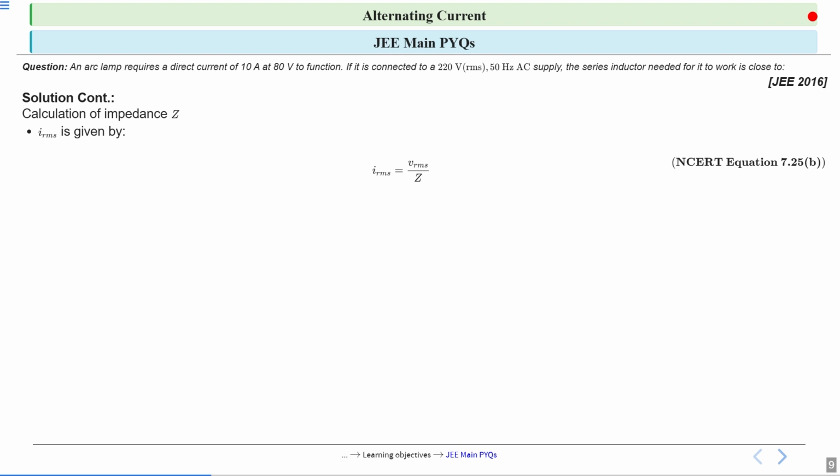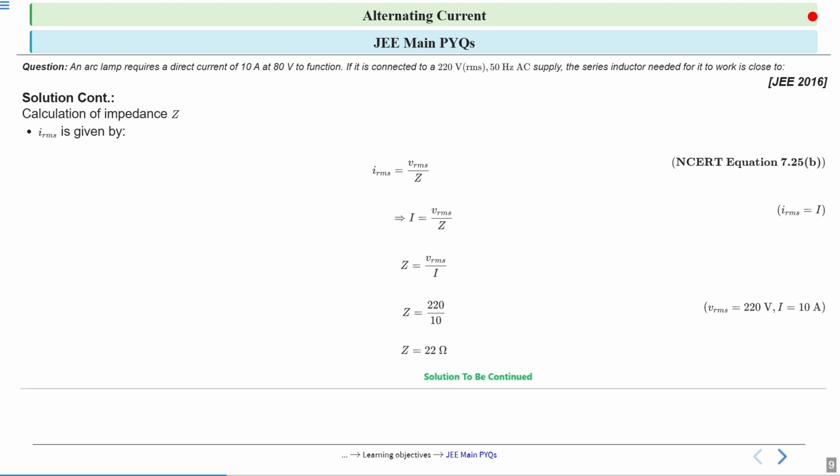So I_RMS equals I, and I equals V_RMS upon Z. So Z is equal to V_RMS upon I. V_RMS is 220 and I is 10 ampere, so Z will be equal to 22 ohm.